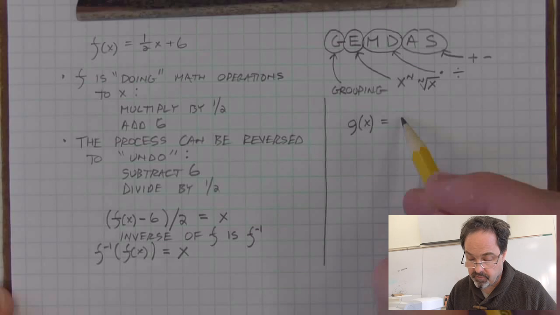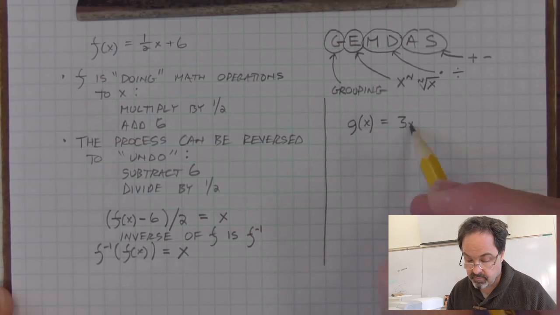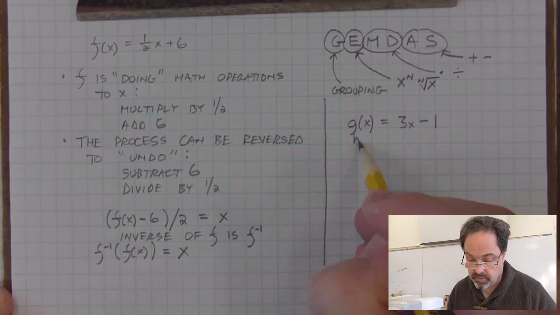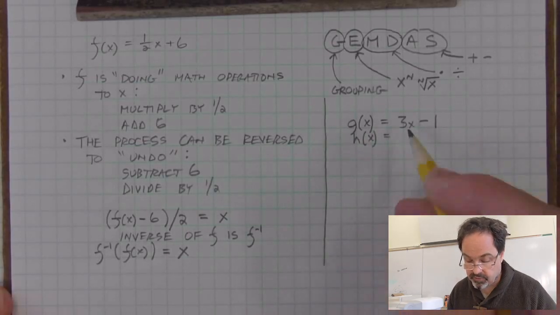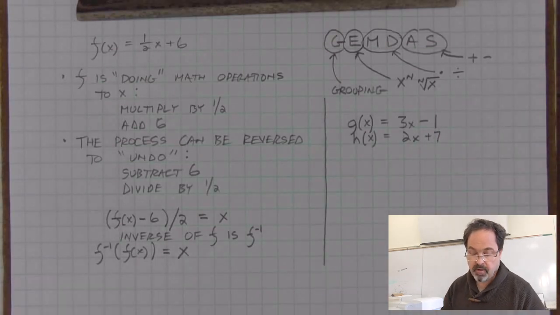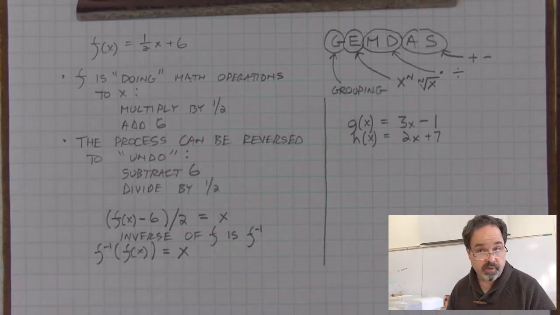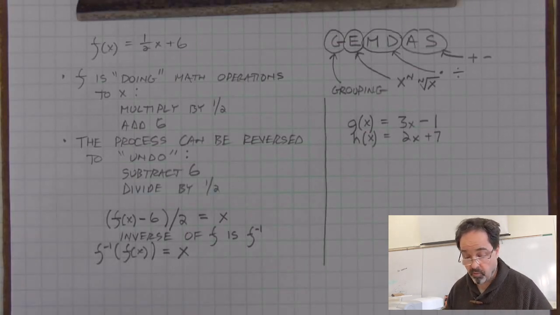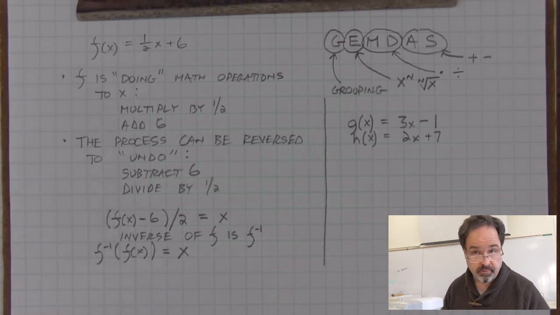I can define a function g of x, in this case, is equal to 3x minus 1, and another function h, 2x plus 7. And I can think of performing operations on these functions. I can multiply g and h, I can divide g and h, I can subtract, I can compose one with the other.